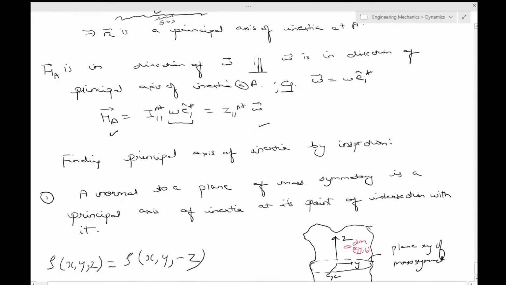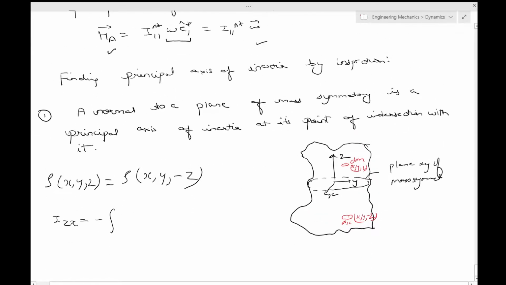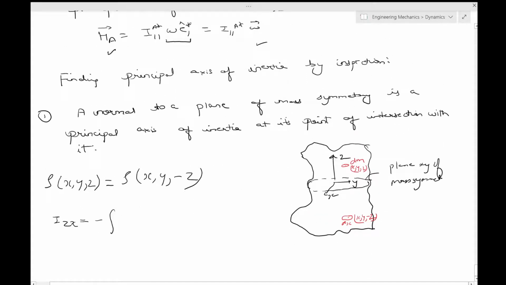Okay, so this is minus of integral zx dm, okay, and this particular value would be equal to 0 because there is a symmetry about this z and minus z.